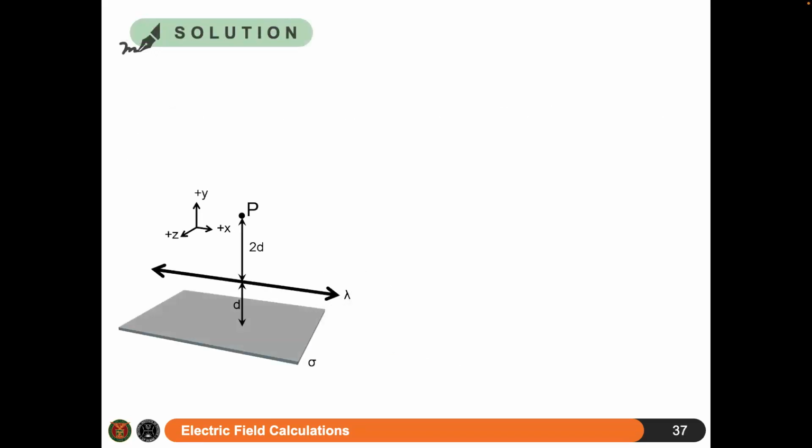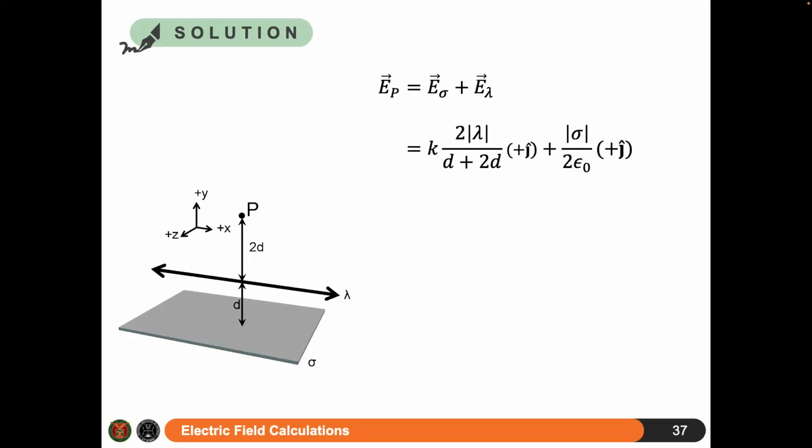Actually, when you have different sources of charges or electric fields, they just add up. It's superposition: if electric forces superpose, electric fields also superpose. So the electric field at point P is just the electric field due to the sigma, the surface charge, and due to the line charge lambda.